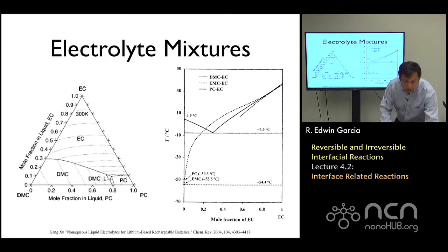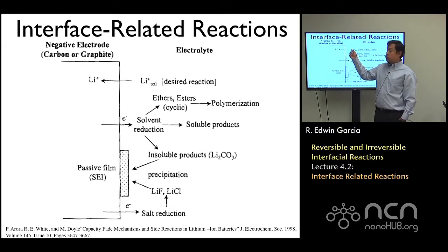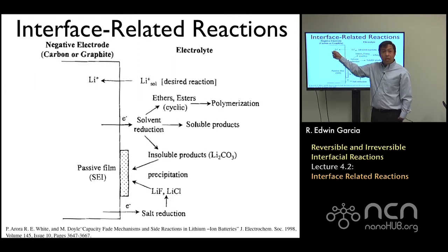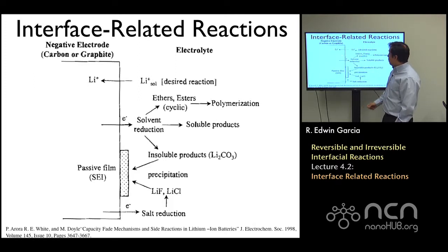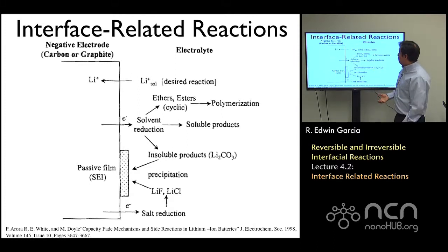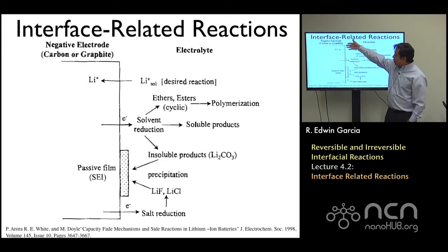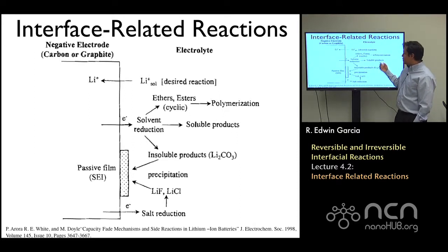lithium in the cell. Now, at the interface, which is the part we're the most interested in, as this electrolyte is coming here, you can see the giant molecule coming. What you really want, the desired reaction, is you want the lithium dissolved in the electrolyte to basically intercalate here. Okay? What happens actually, specifically in the anode, in this case a carbon or graphite particle, is that in some cases some of these electrons are being exuded as part of the reaction, inducing local interfacial polymerization of products that you don't necessarily want.